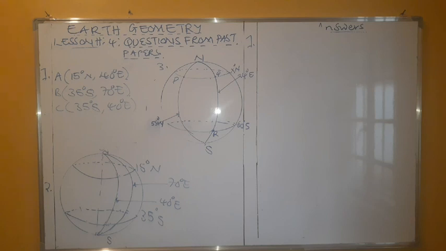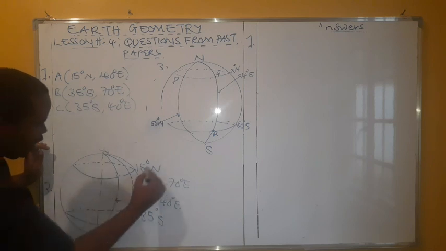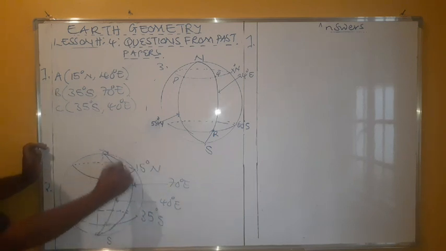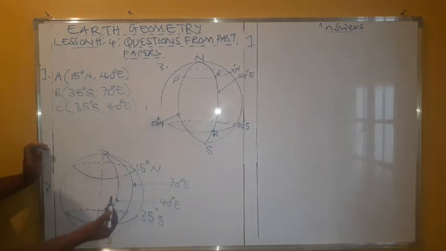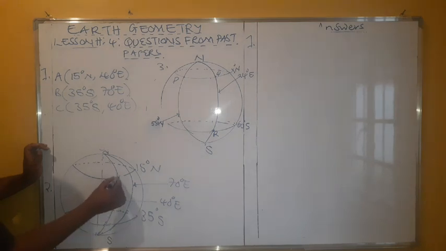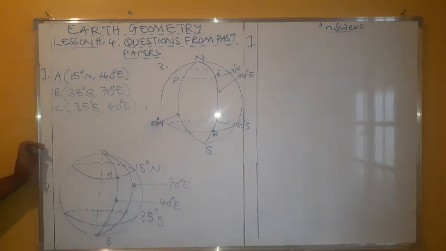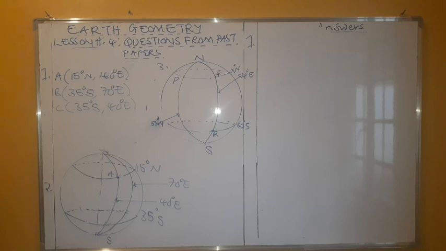Then now we just put those points. For point A, latitude is 15, and the longitude is 40, meaning that it must lie on this latitude and this longitude. So you put your A here. Then point B is 35 degrees south, so it must lie on this latitude, but the longitude is 70 degrees, meaning that it must be outside.